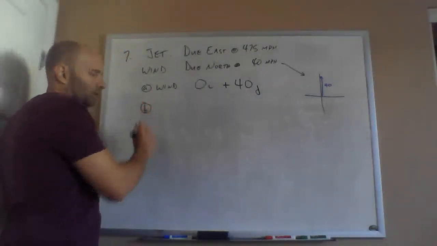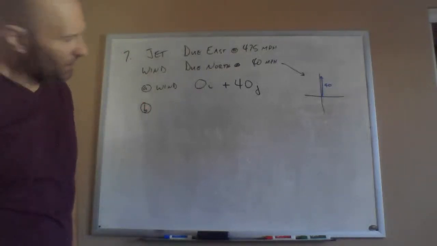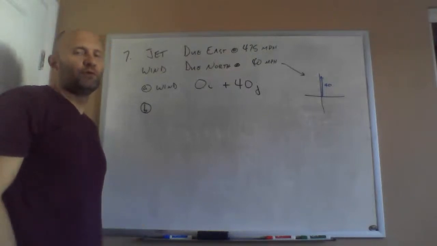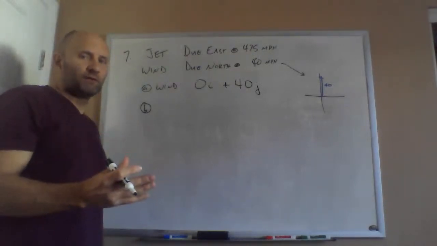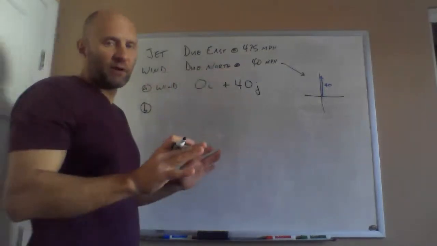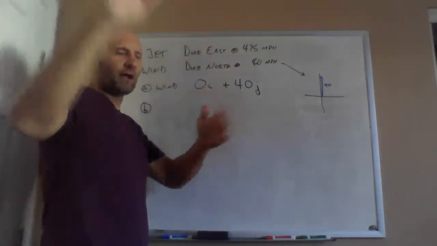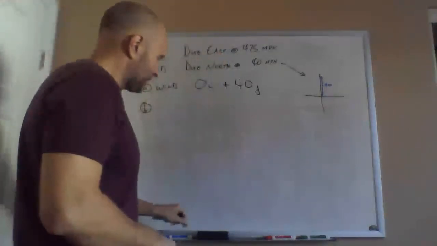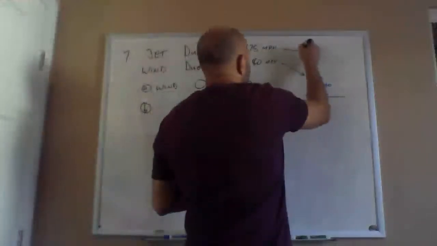All right, part B says, what is the velocity of the jet relative to the wind? So relative is our key word there. That means just the jet by itself. So pretend the jet is flying in a vacuum, with no forces pushing on the jet. Let's draw a sketch for that.